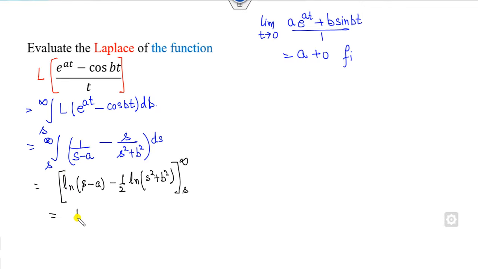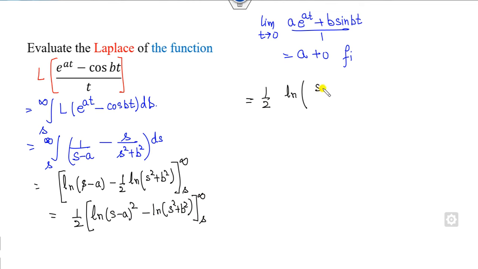I can take half outside. So half, ln of (s minus a) whole square, minus ln of s square plus b square, from s to infinity. Again I can simplify this: it is ln of (s minus a) whole square divided by s square plus b square, from s to infinity.